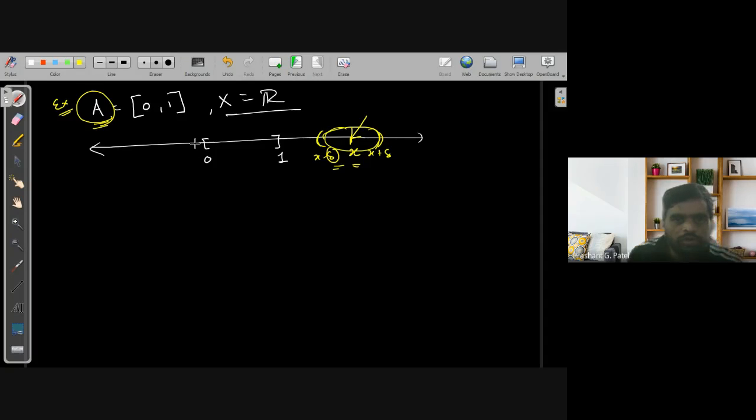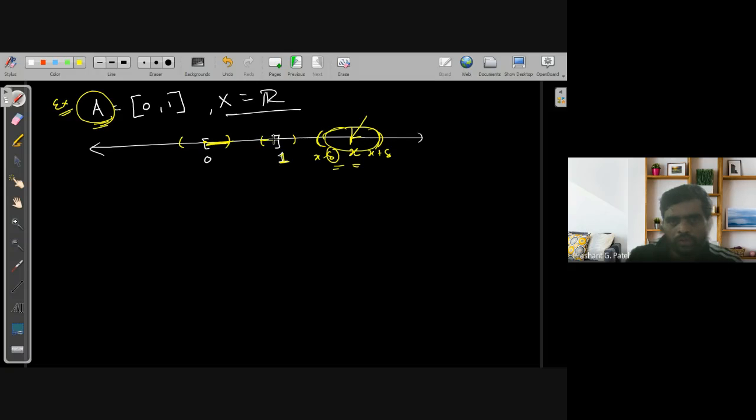What about 0? Let's say I take 0. If I draw any neighborhood of 0, then this portion is always common with A. So that's why 0 is a limit point of the set A. The same argument will give you 1.